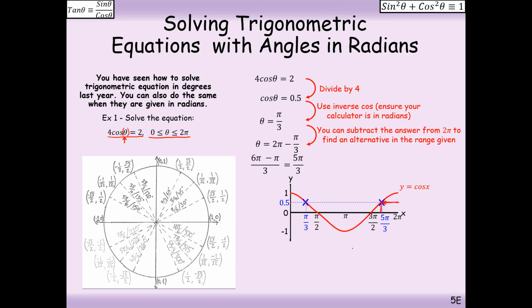If you don't like to use the graph of a cosine curve, you can draw yourself a unit circle and consider this triangle here, where the angle was pi over 3.